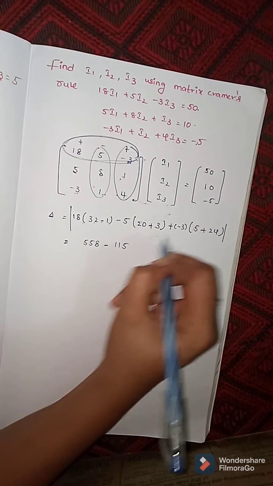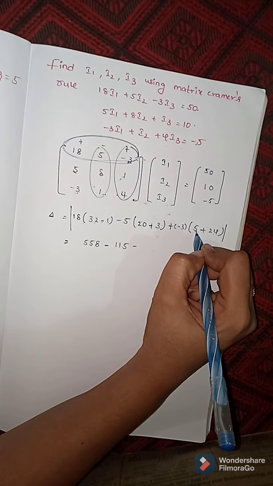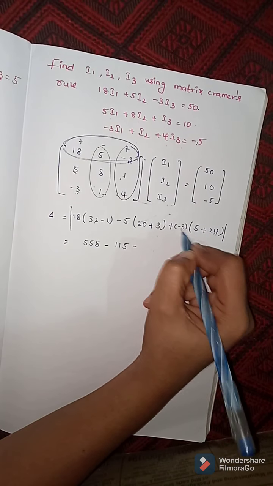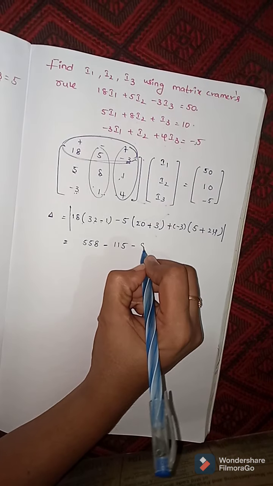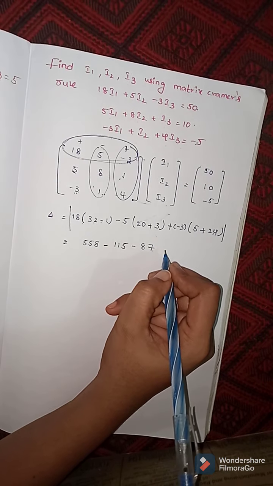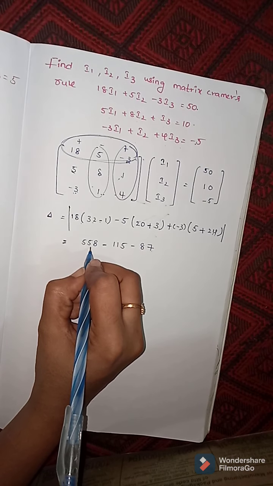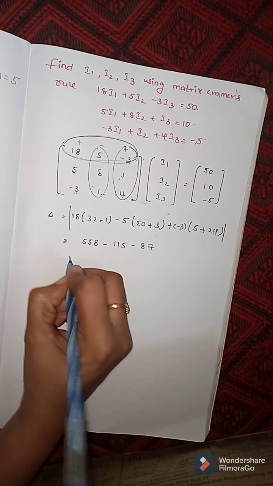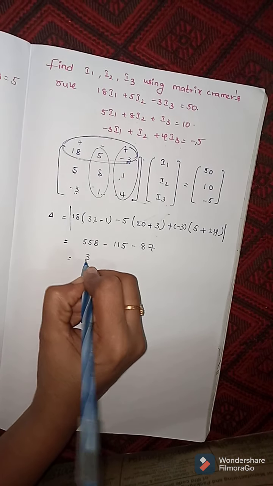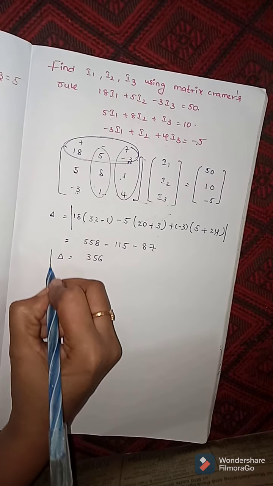Here plus into minus, 24 plus 5, 29 into 3, 87. 558 minus 115 minus 87. The answer is 356. This is the delta.